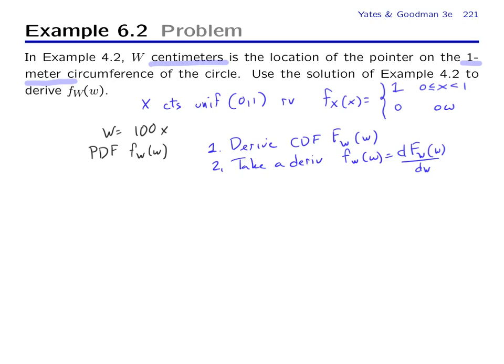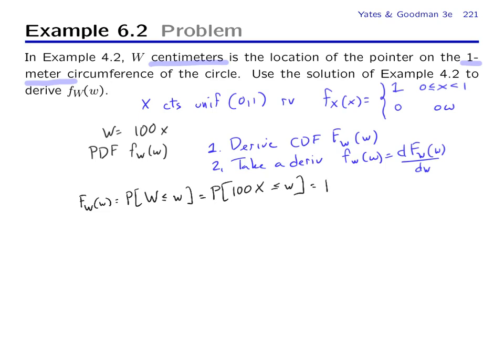For this problem, W equals 100x is a simple enough formula that we can solve directly for the CDF of W. Specifically, we write the CDF of W is the probability W is less than or equal to little w. And then we just simply know that W is equal to 100x, that's its definition, is less than or equal to w.